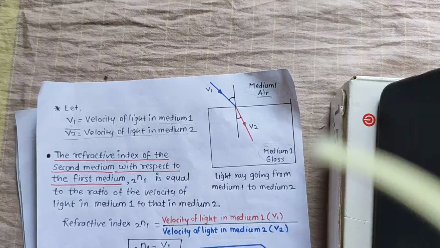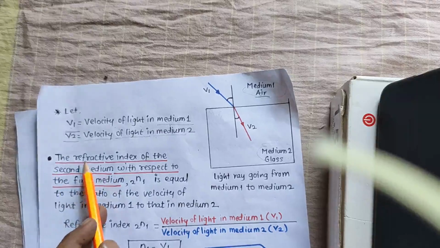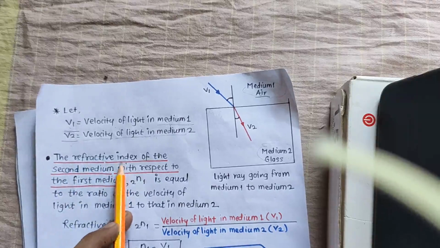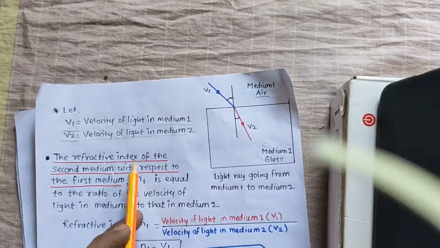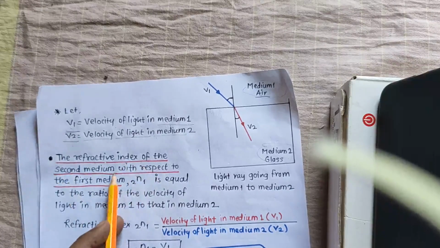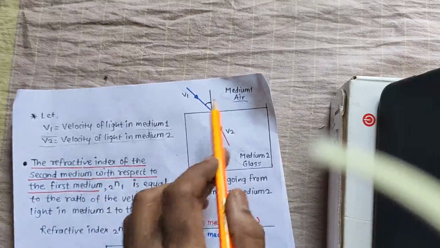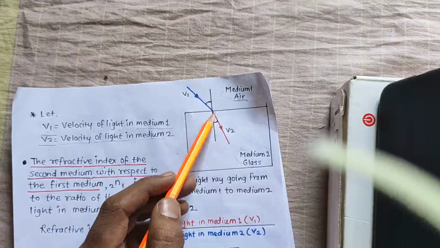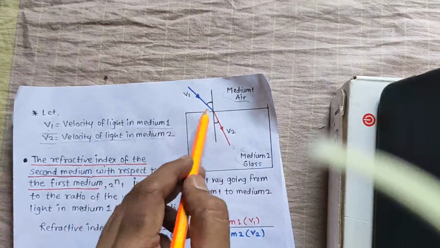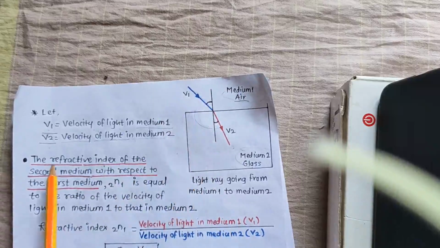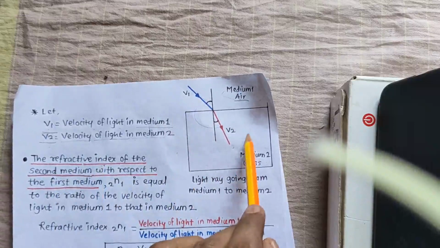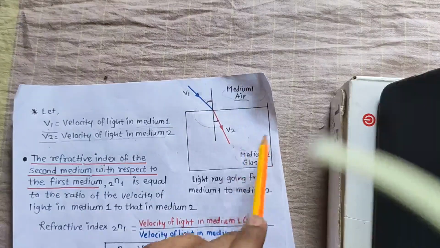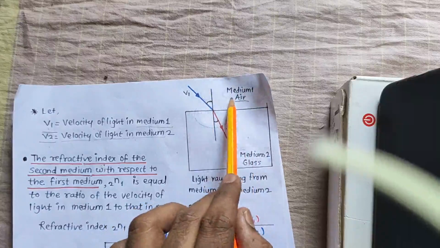Simple concept. Now, the refractive index we have to find is that of the second medium. In this concept, light is coming from air and going inside glass. So whose refractive index will it be? The second medium's, with respect to the first medium.